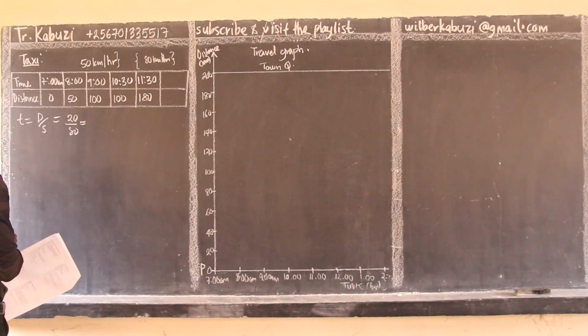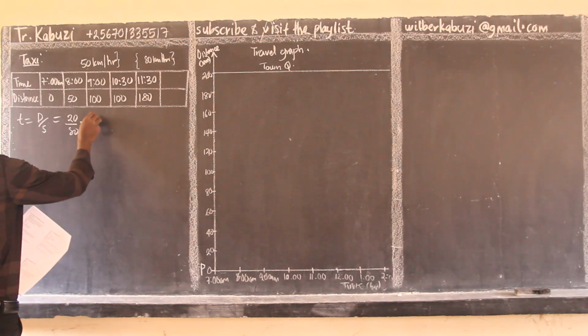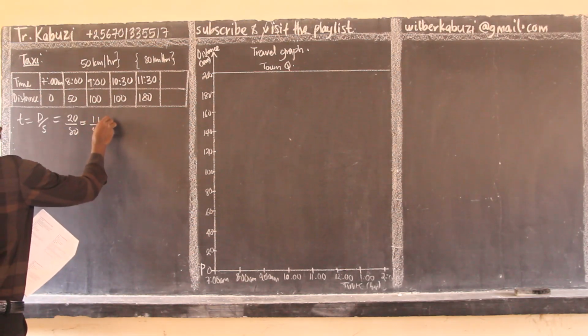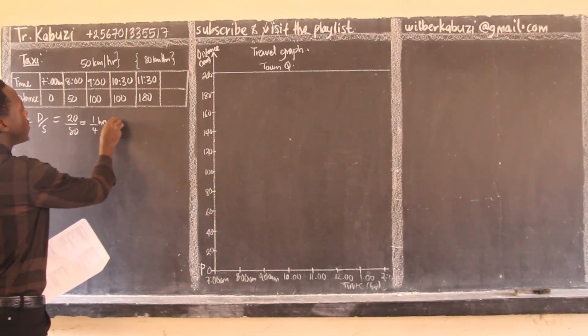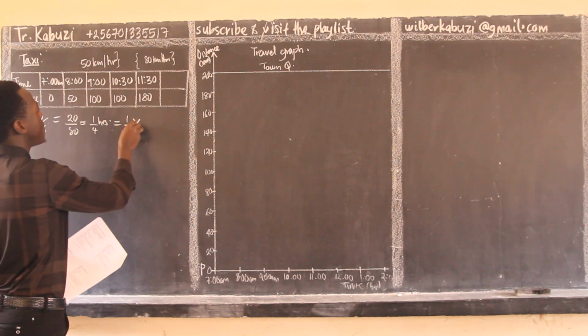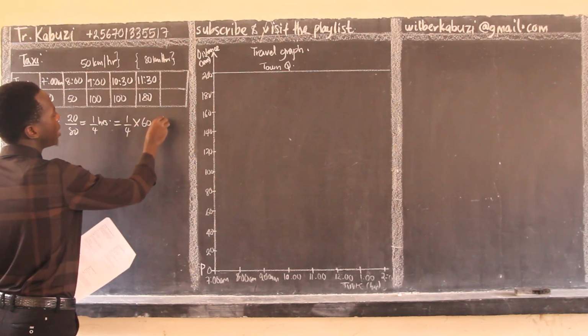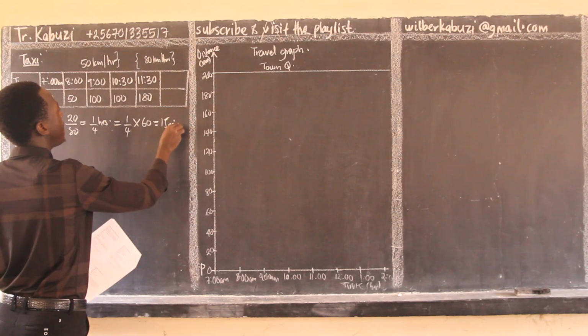This will give us a quarter. So a quarter hours. But now I need to change this to minutes, which will be a quarter times 60, which will give me 15 minutes.